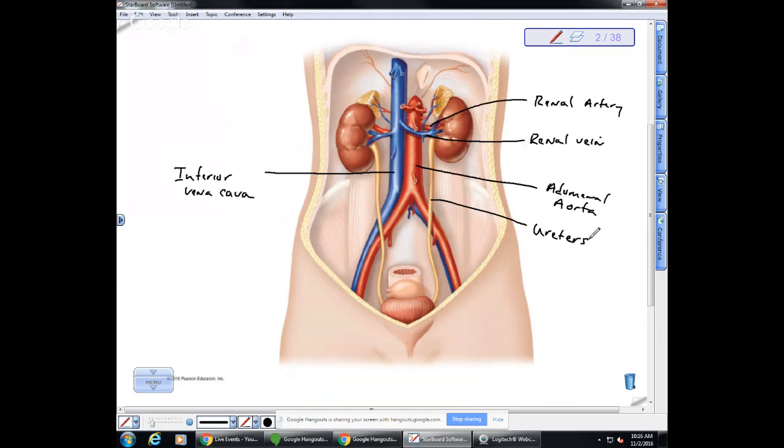So the urethra is below the bladder. So this is the bladder. And then this in the female is the urethra. It's also in the male, but the urethra in the male travels through the penis. Okay. And then what is this up on top of the kidneys? These are the adrenal glands.